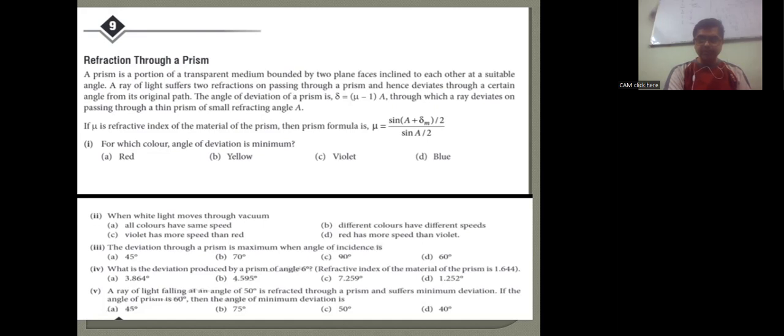The angle of deviation is delta, which is (mu minus 1) into A, through which a ray deviates on passing through a thin prism of small angle A. If mu is the refractive index of the material of a prism, then the prism formula is mu equals sin of (A plus delta minimum) by 2, over sin A by 2.